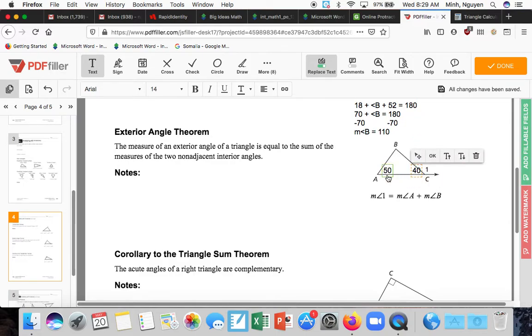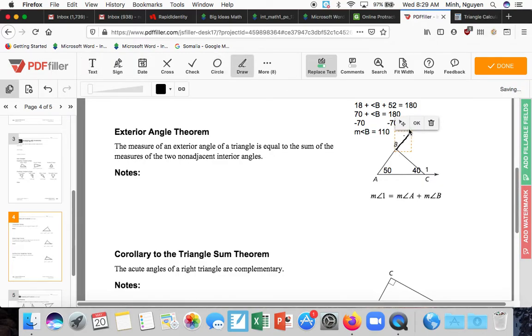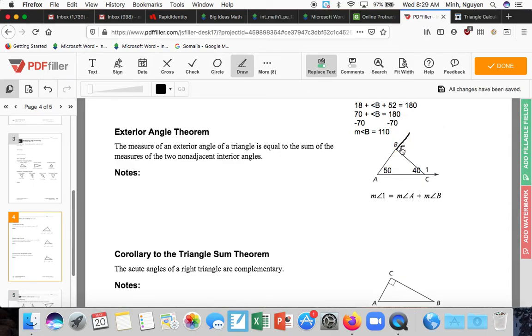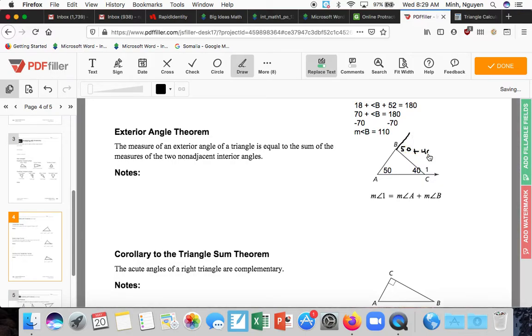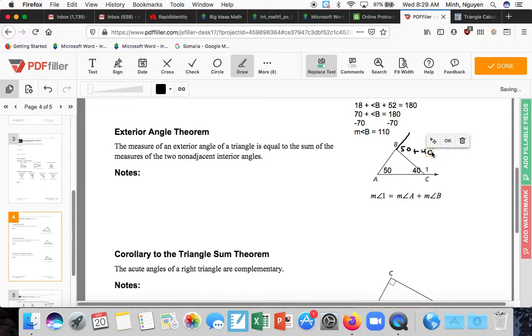So if measure of angle A is 50 degrees and measure of angle C is 40 degrees, then this angle right out here, pretend that's a straight line, that angle right out there is 50 plus 40. So this angle would be 90 degrees. Or it could be just whatever these two added up is equal to that.